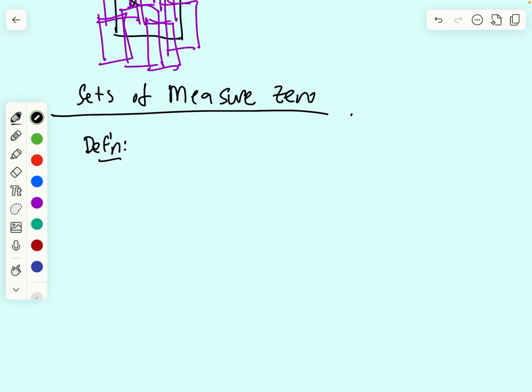And here's the definition. Let's say that A is a subset of Rn.